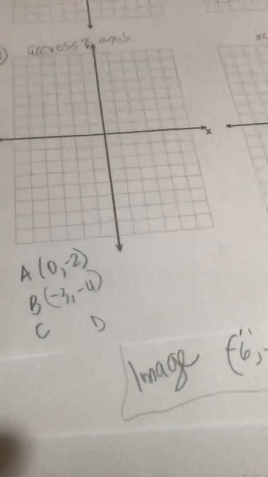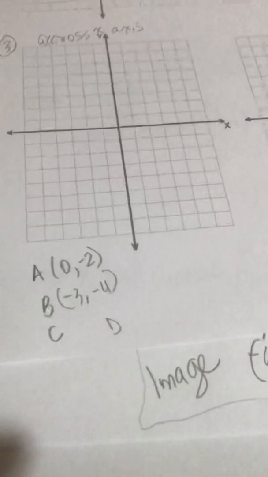C will be 0, -5. Or let's make it 6: 0, -6.